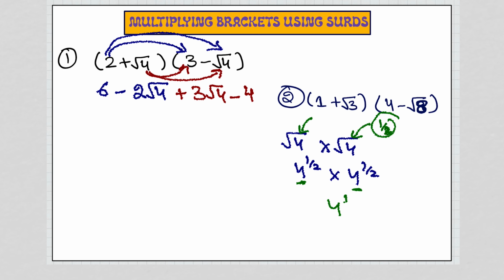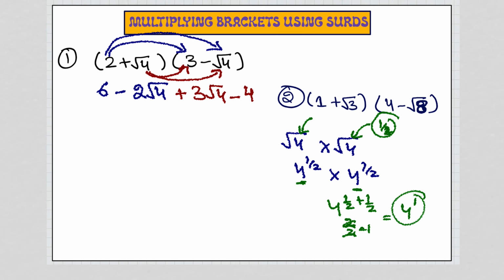Half plus half is 1. How? Because 2 over 2 gives you 1. So please remember, whenever you are timing two surds which have everything the same inside, you can simply write what's inside, like I did in this above question. So root 4 times root 4 would be just 4. So you get rid of the surd.